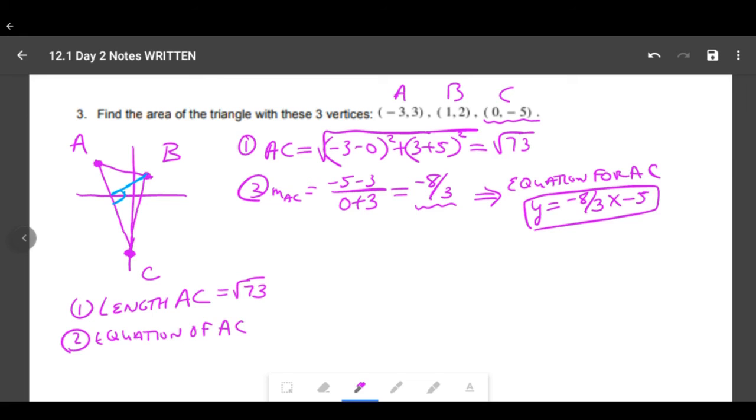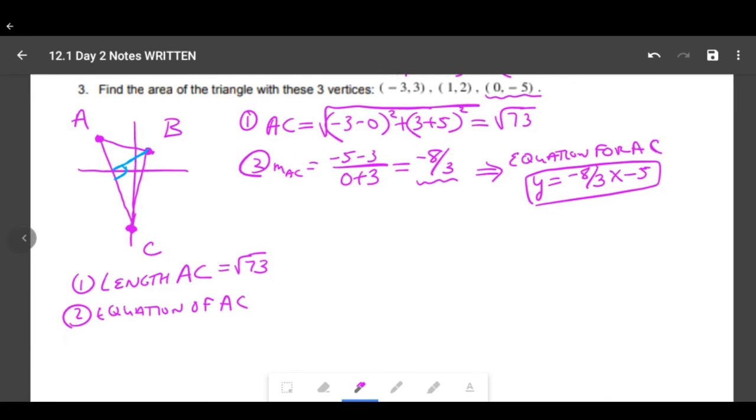Now, as I was talking about earlier, now that I know the equation of AC, I have the equation of a line, I can now find the distance from AC to B. You may have to go look at your notes for the distance formula, D. I guess we're using lowercase, that might be consistent.